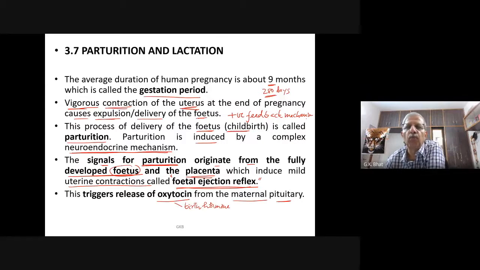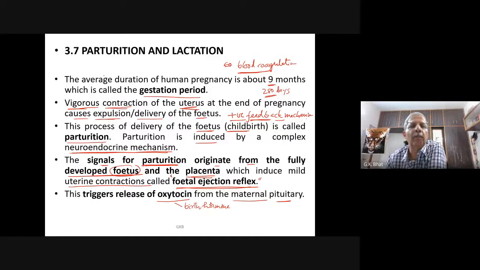This is what positive feedback mechanism is. So there are two examples for positive feedback mechanism. One is that of the birth process, and another one is that of the blood clotting, coagulation of the blood. These two are the examples for positive feedback mechanism.